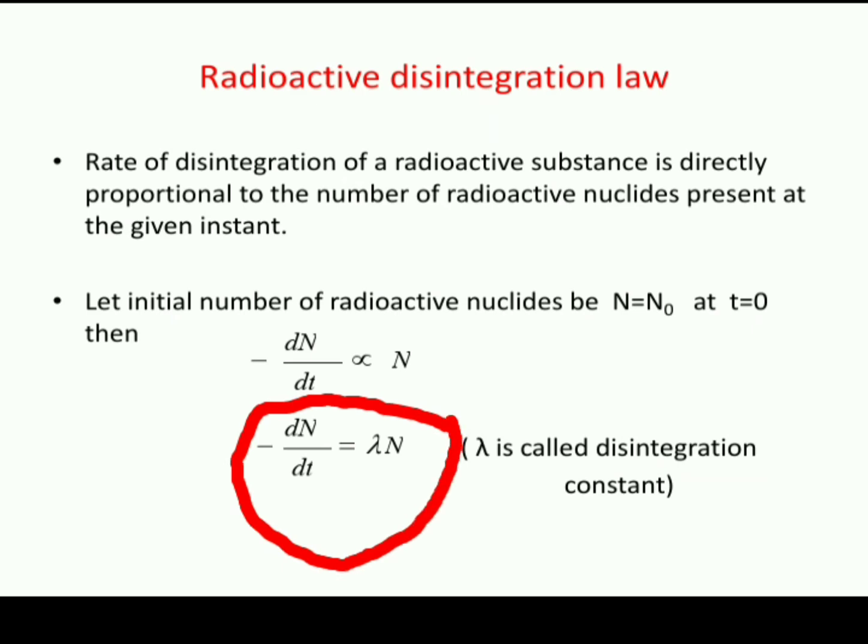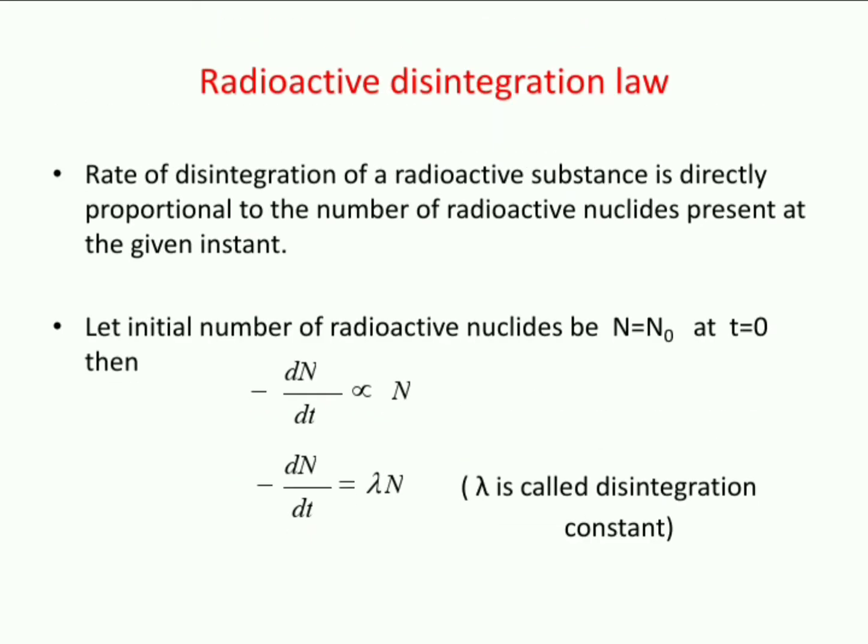So this equation, minus dN by dt is lambda into N, is nothing but the law of radioactive disintegration. So I repeat, minus dN by dt is lambda into N. Lambda is called the disintegration constant.